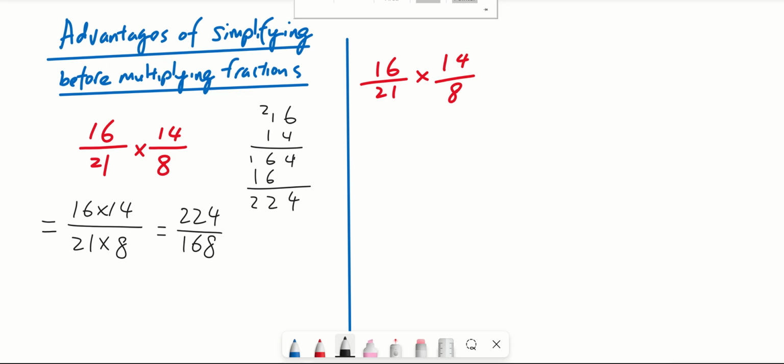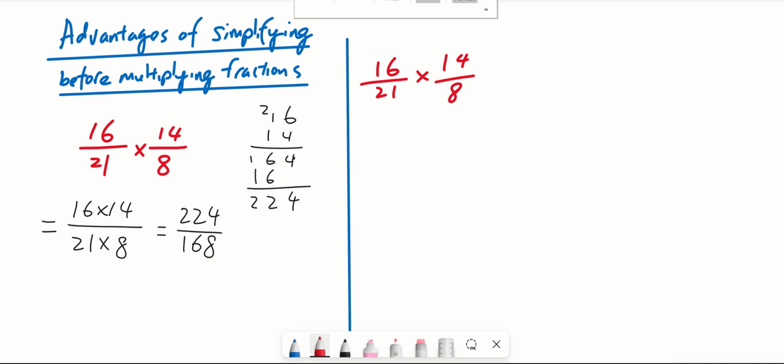It would be good if we can simplify them. Now just looking at 224 over 168, it is not apparent to us what is the best way to simplify them. But you can tell straight away that these are numbers that can be divided by 2.